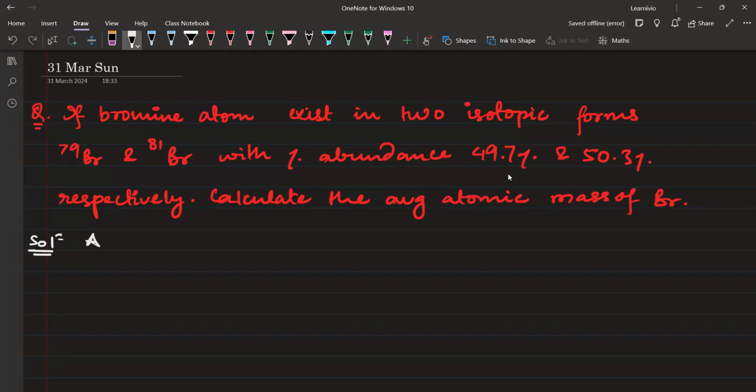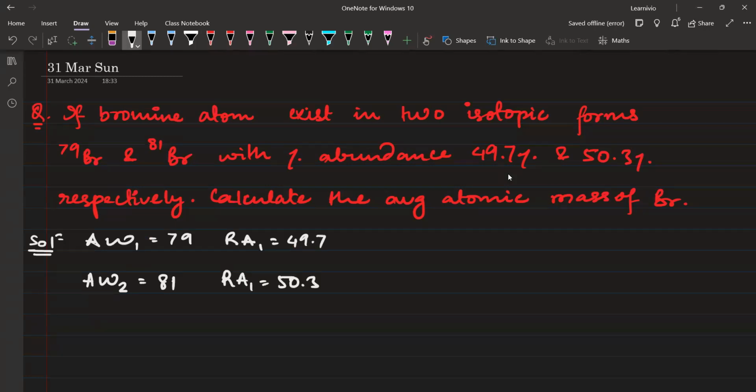In this case, we have atomic weight 1 equal to 79 and its relative abundance equal to 49.7. Similarly, atomic weight 2 is 81 and its relative abundance is 50.3.